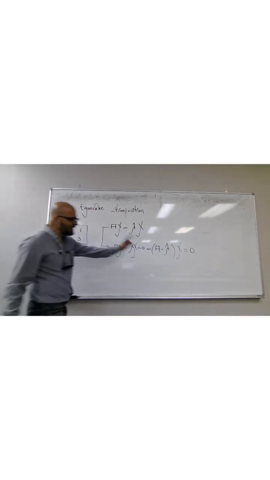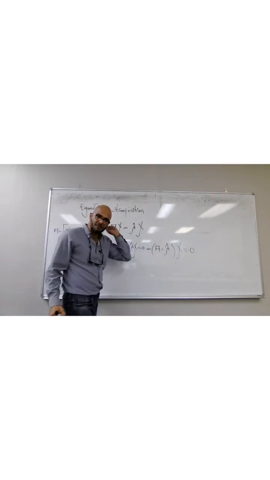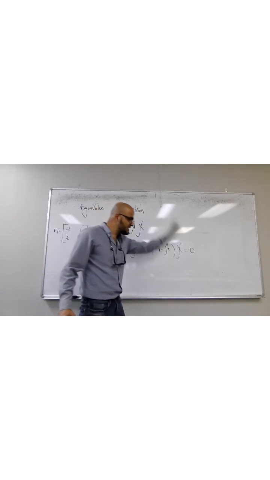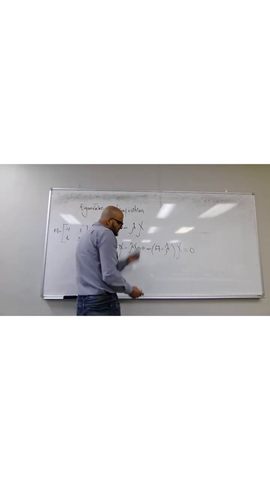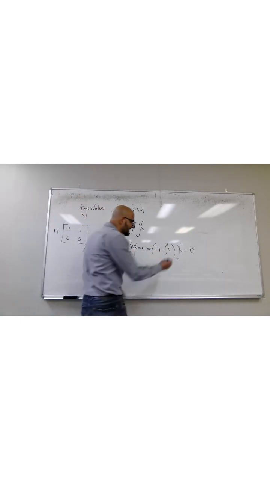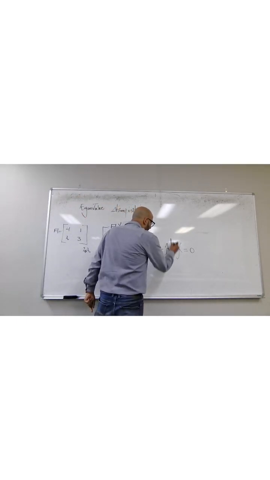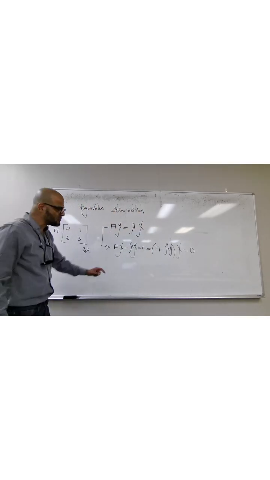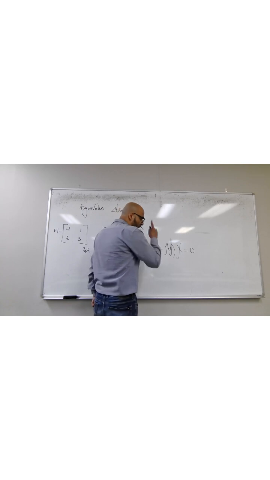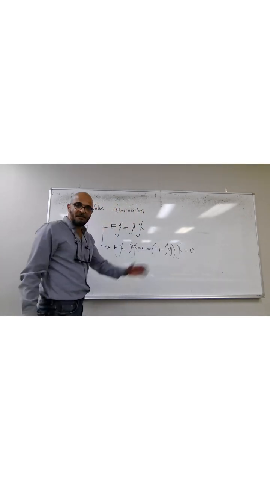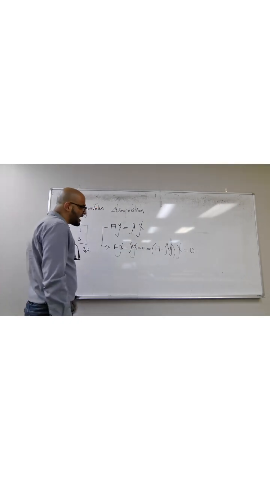However, A is a matrix, lambda is a number, x is a vector, and 0 is a 0 matrix. Then the problem that we had there was that you could not subtract a matrix from a number. That was the reason we introduced the identity matrix, a square matrix with the same size as A, but everywhere it has 0 components except the main diagonal.